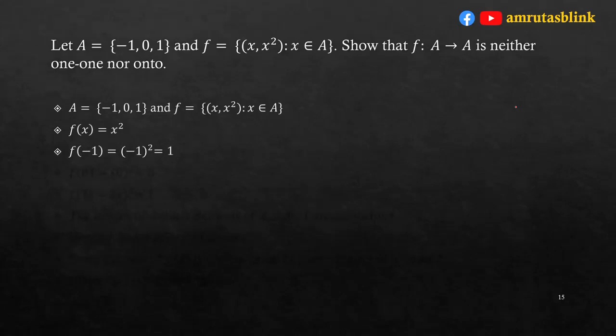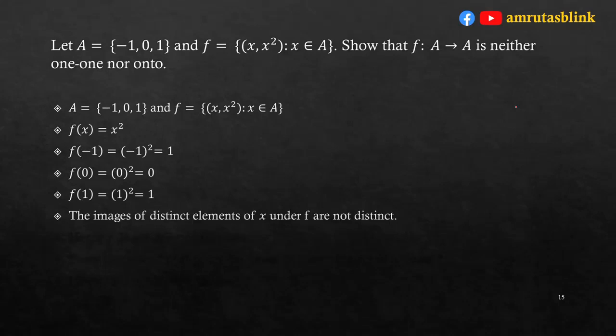Now we will calculate the value of f(x) for each element of the domain A. Now the domain A is -1, 0 and 1. So f(-1) is equal to (-1) square, which is 1. f(0) is 0 square, that is 0. And f(1) is equal to 1.